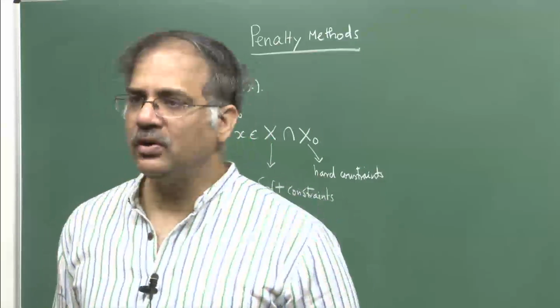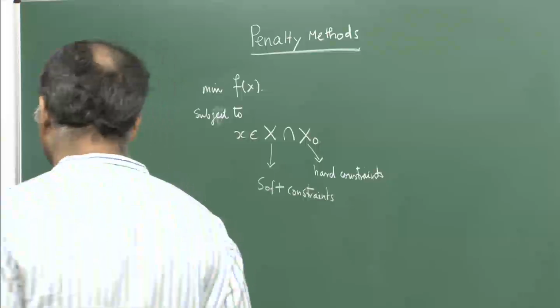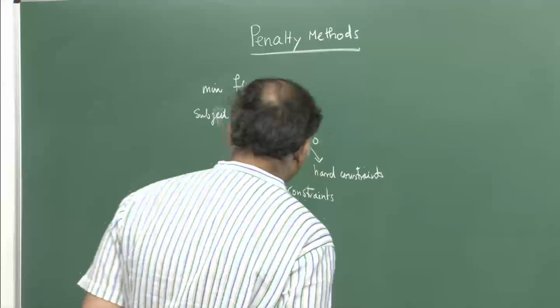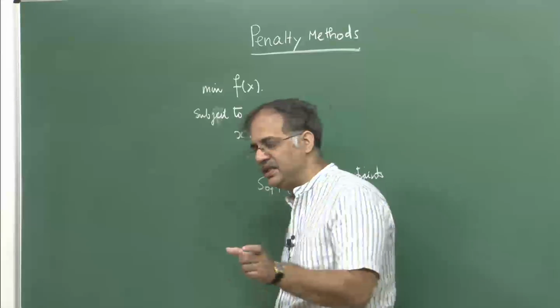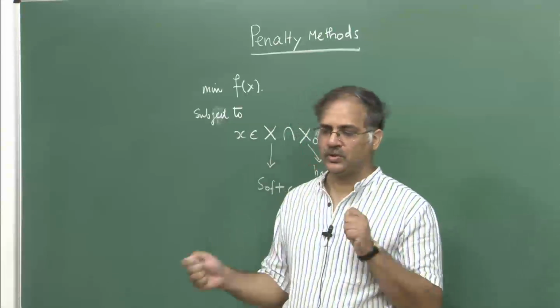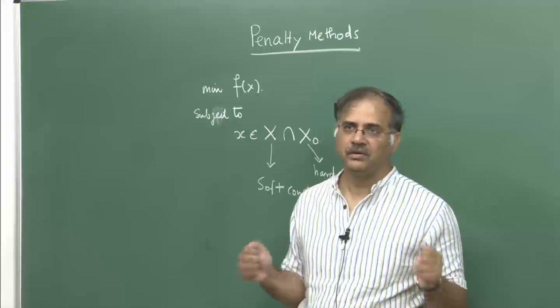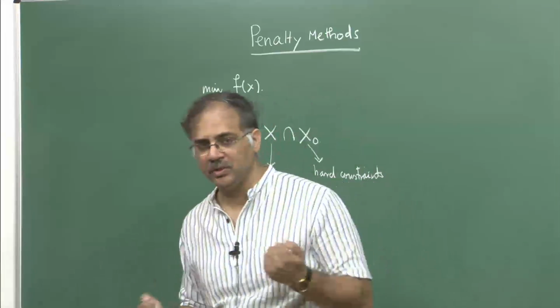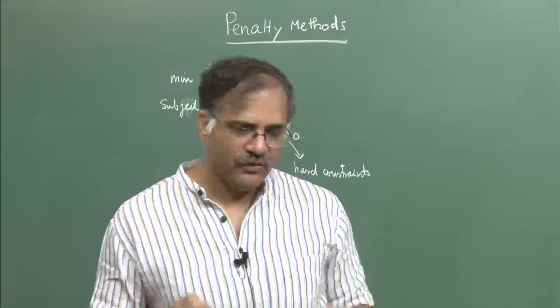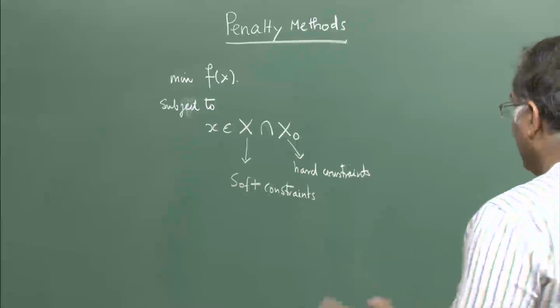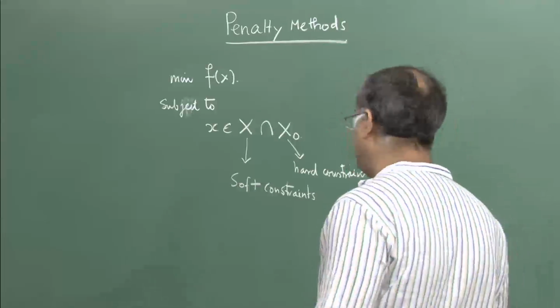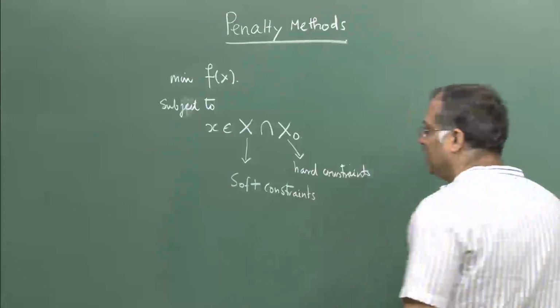Now, every constraint cannot be added, because there are certain constraints like x lying between -1 and +1. These are variable bounds, for example, in engineering problems. They have to be strictly adhered to. You cannot even slightly violate them, because that would lead to safety concerns, for example, in design.